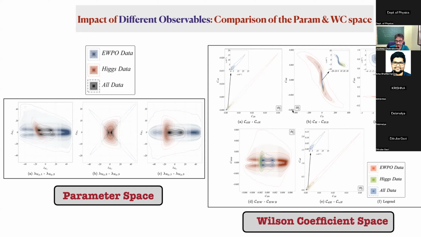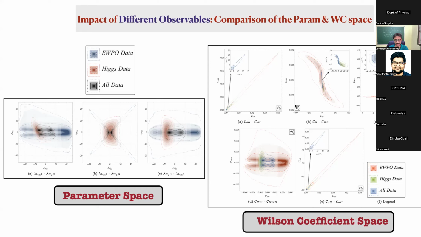allowed. And then you can find that if you look at the electroweak data, it's still allowing, but once you combine with the Higgs data, because Higgs data actually includes more operators, and more operators mean not including more degrees of freedom, but including more contribution, keeping the number of parameters the same.